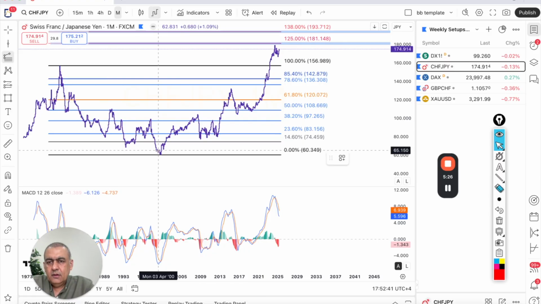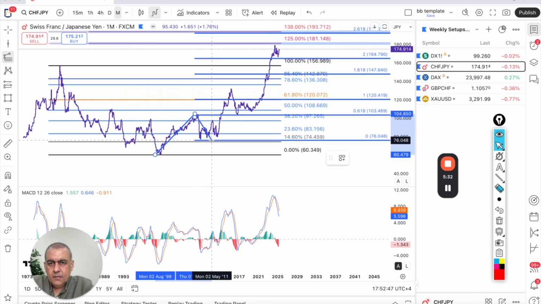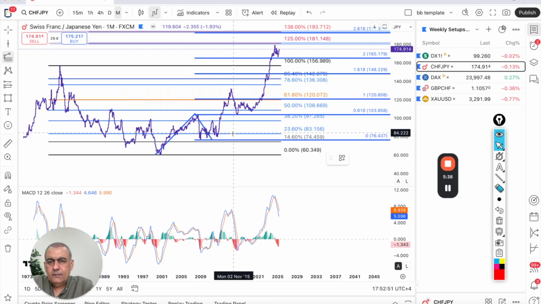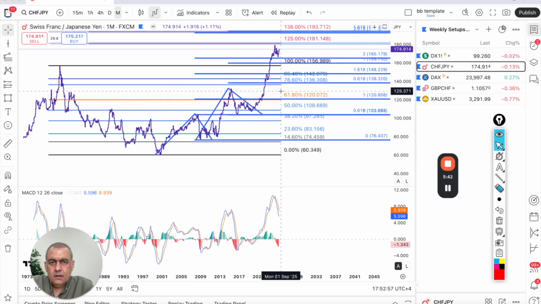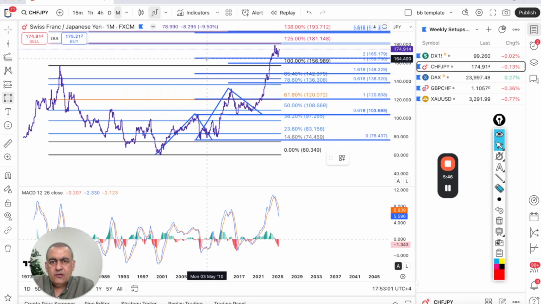Fib extension on the first cycle. Done, and now I will add on the second cycle. Applied. So here we get a strong magnet zone.